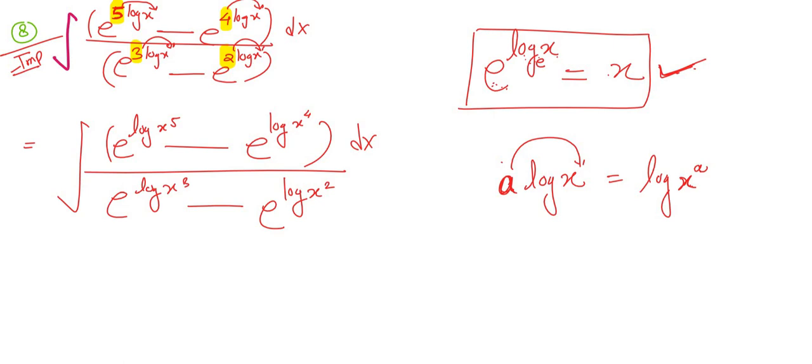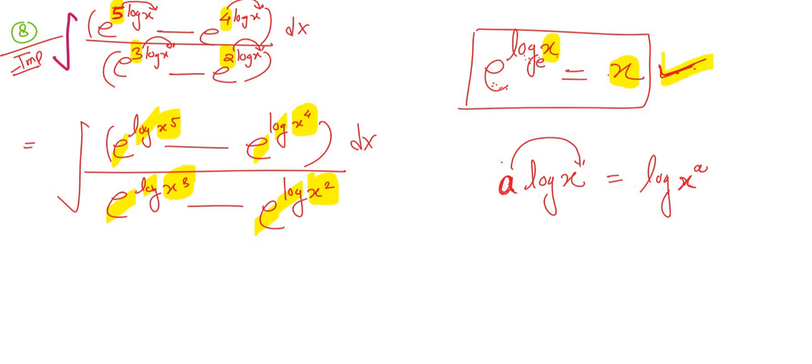अब देखिए, I told you e raised to power log जो भी है ये x, this comes here, है ना? तो यहाँ पर ये e और ये log चला जाएगा, यही बचेगा खाली. Here these two are gone, this is left over.